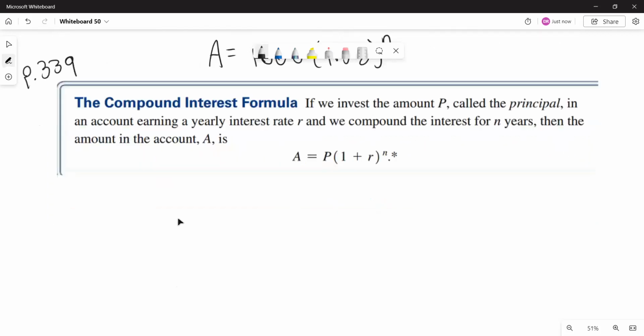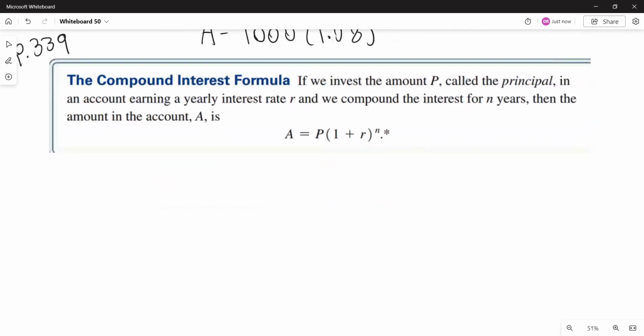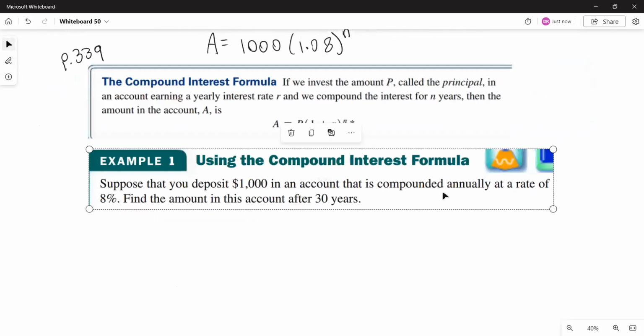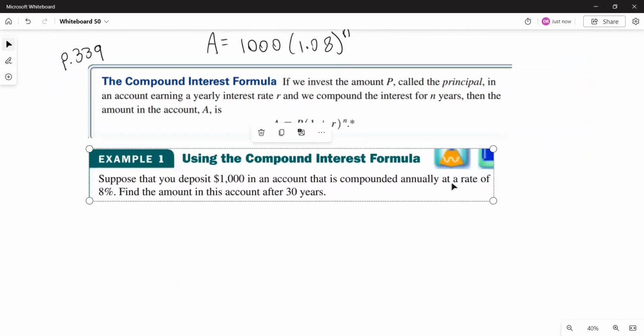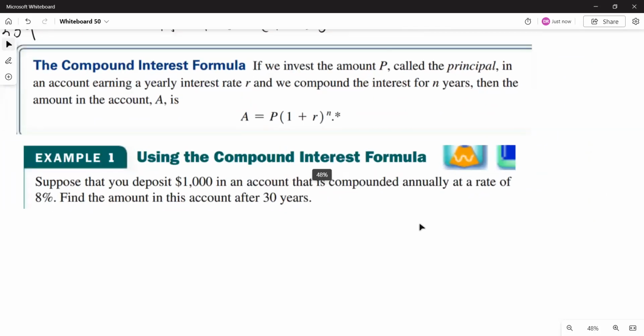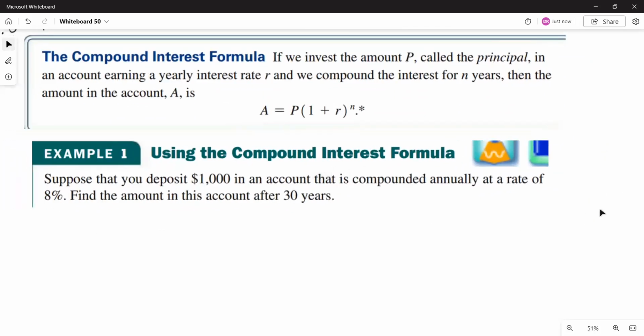We're going over example 1 on the same page. Suppose that you deposit $1,000 in an account that is compounded annually at a rate of 8%.